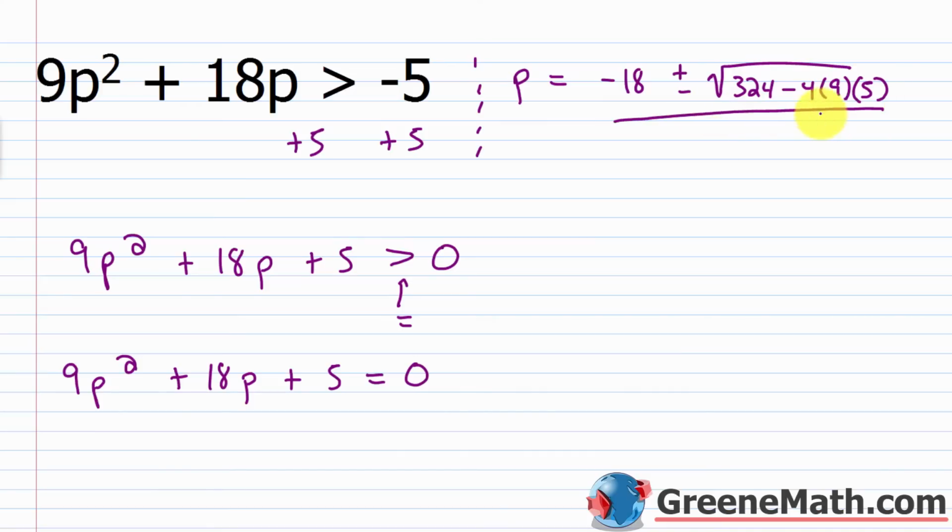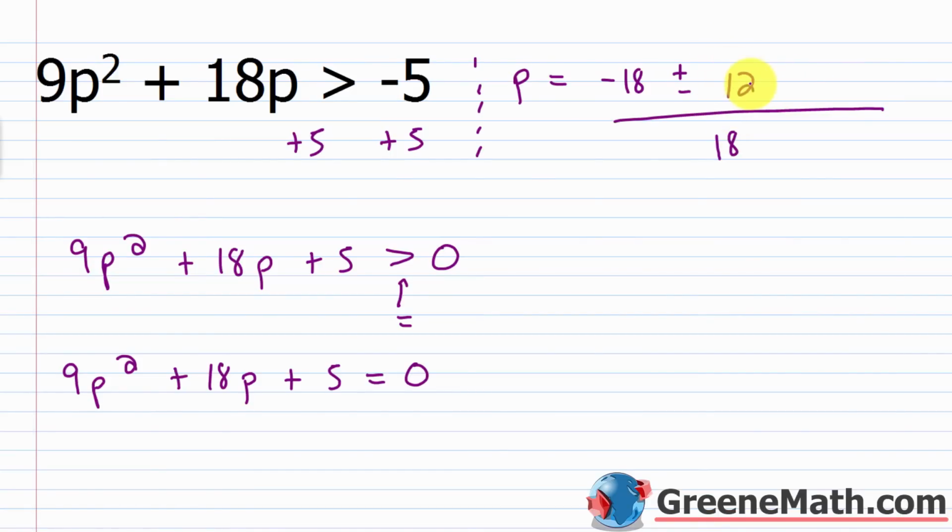This is all over 2a is 9, so 2 times 9 is 18. So under the square root symbol, if I do 4 times 9, that's 36. 36 times 5 is 180. So 324 minus 180 is 144. Square root of 144 is 12.